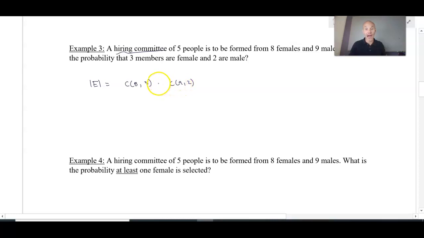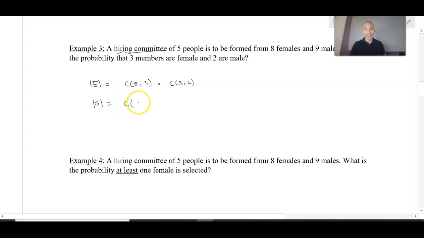And then I want to figure out how many total groupings there are with all of the female groups and all of the male groups. So I'm going to multiply these together. My sample space is going to say, well, how many different groups are possible?